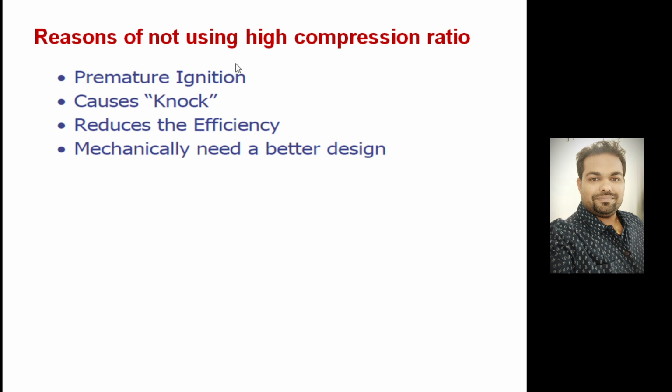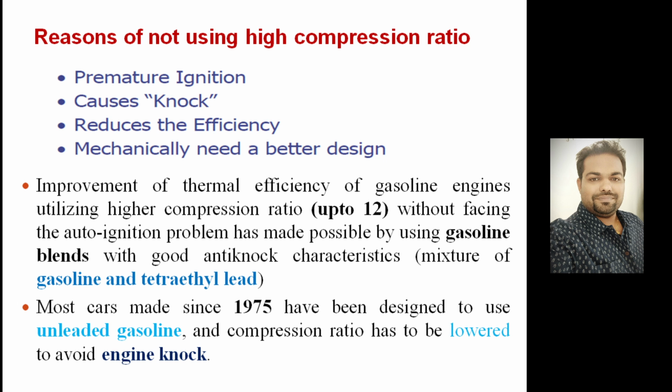So in order to avoid this kind of thing, you have to use heavy panels for the combustion chamber design. In that case, a weight penalty will be there. When the weight of the vehicle is more, the specific fuel consumption will also deteriorate, meaning it will be very high.